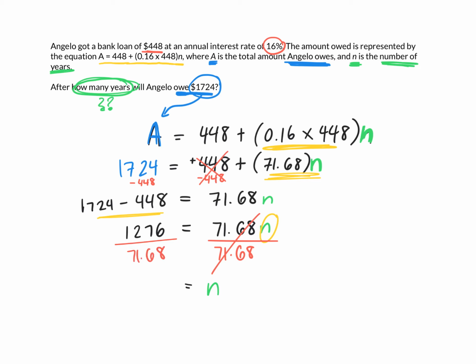So let's calculate that. 1,276 divided by 71.68 is equal to 17.8. And you can round your answer, or you can leave it as that. It's 17.8 years, okay? That's how long it would take Angelo to owe $1,724.